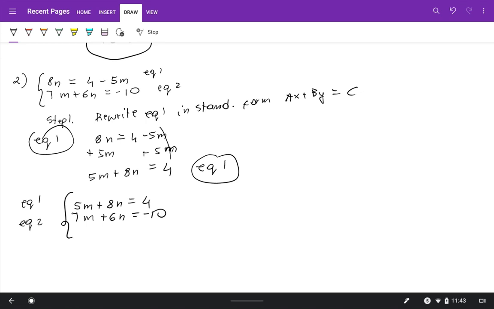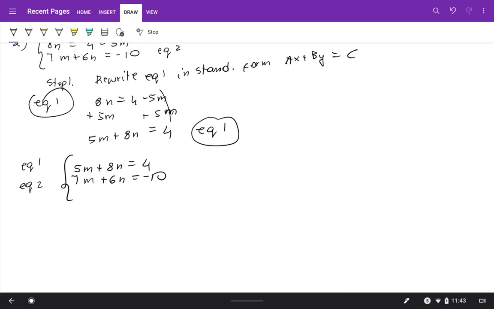Now what we want to do is eliminate one of the variables, m or n. So I have to create the opposites. Here it's not so easy to create the opposites, so let me just come up with the idea. So the plan is to eliminate n. Okay, so I want to eliminate n.